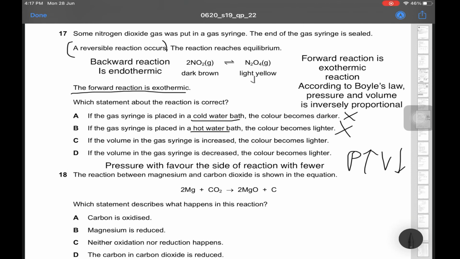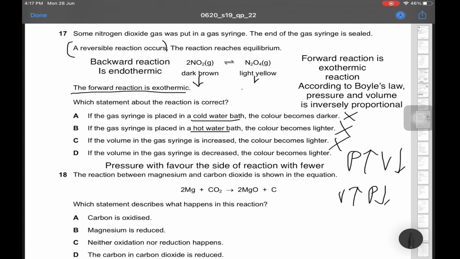As you can see, the forward reaction has fewer moles, and the backward reaction has more moles. So for C, volume increases, and then the pressure will normally decrease. So you actually shift to the backward reaction, so the color becomes darker. So C is also wrong.